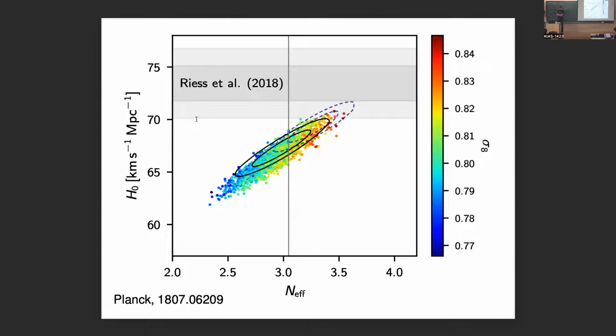I think one way out of this is if there is a particular type of interaction between dark matter and dark radiation that can modify this. In that case, sigma 8 can decrease while the Hubble parameter increases, so we can relax the Hubble tension and the sigma 8 problem simultaneously.